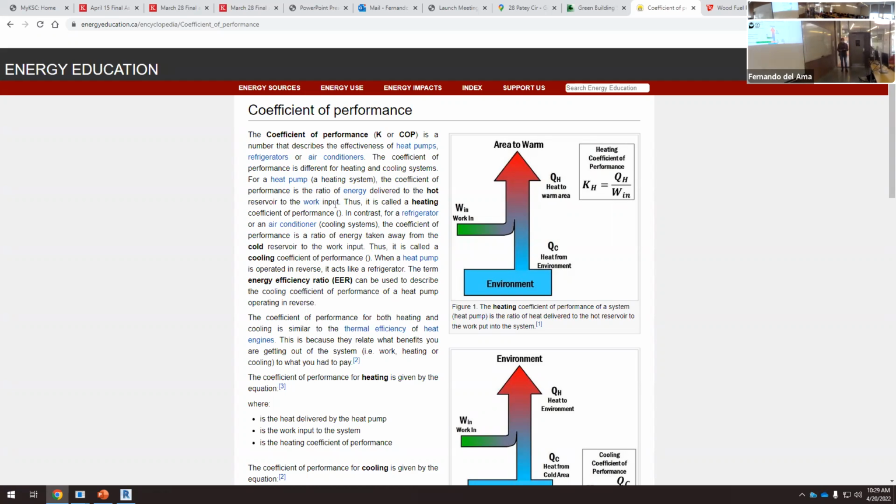How many hours is my heating system working? Let's say 10 hours. What's the energy? It's 41.3 kilowatts, because we have kilowatt hours here, times 10 hours. So that will be 413 kilowatt hours.